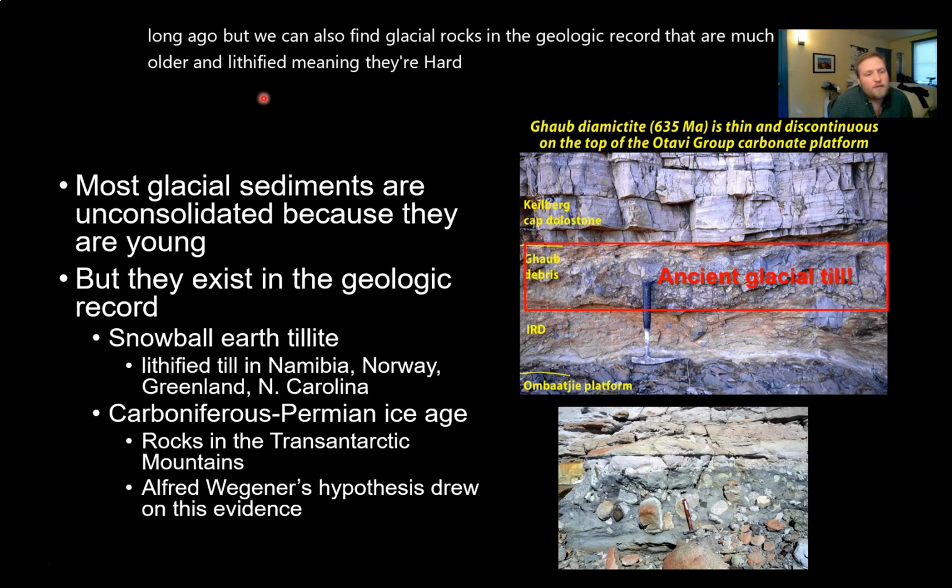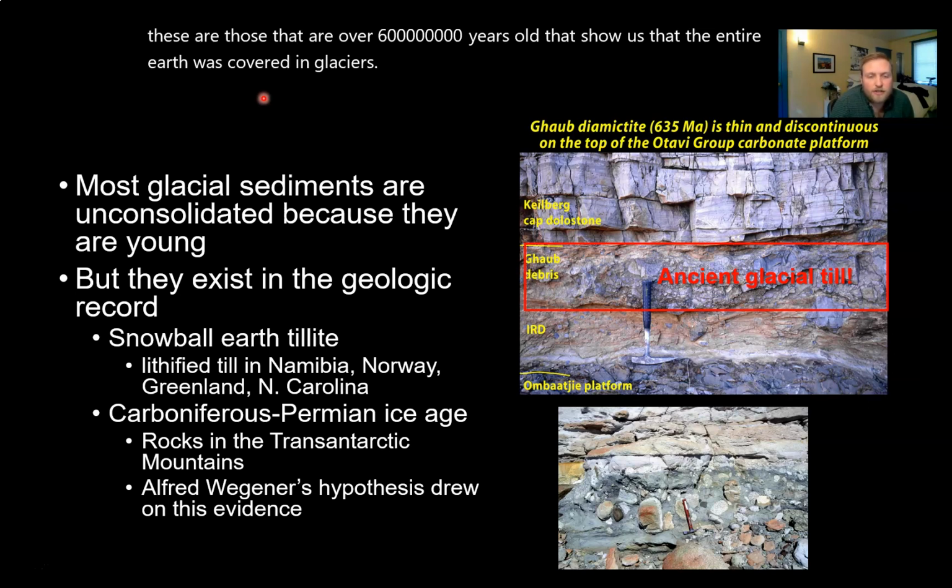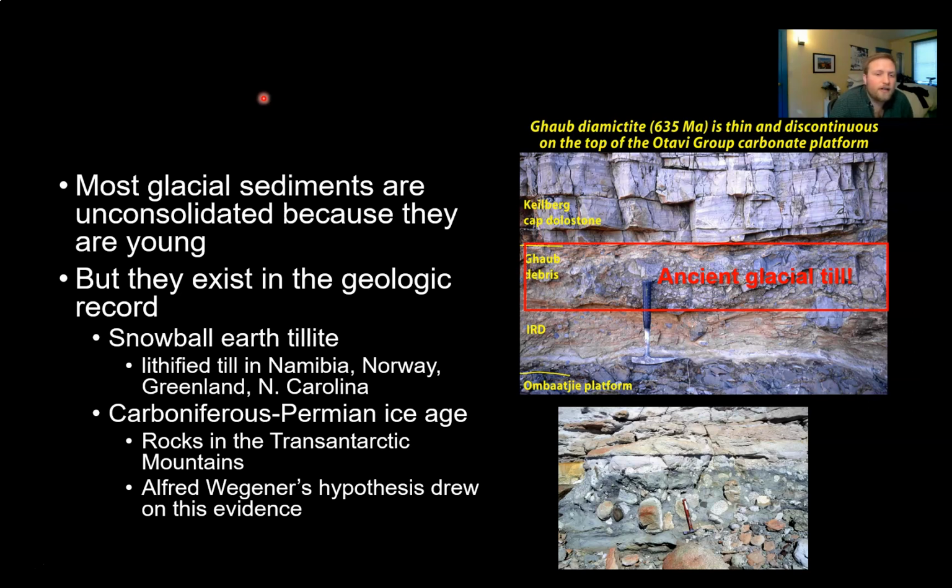Some of the more famous ones are those that are over 600 million years old that show us that the entire Earth was covered in glaciers and sea ice, called snowball Earth times. And we can find glacial till in these ancient rocks all over the world from that same time period, from Namibia, from Norway, Greenland, even some in North Carolina in the Appalachians.